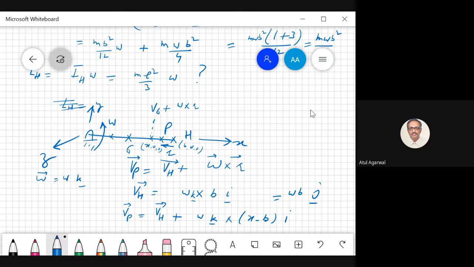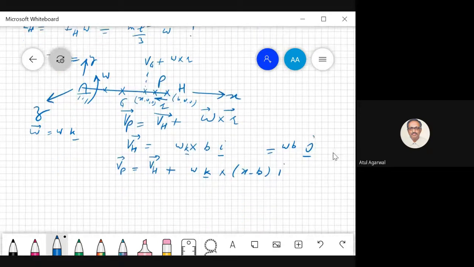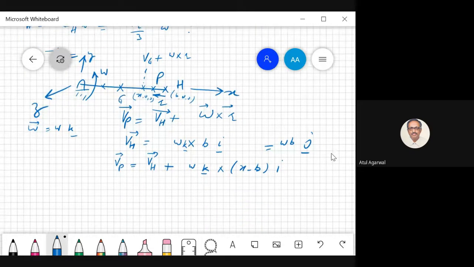Any problem? So this becomes velocity of P as velocity of H plus this. k cross i is again j. So that is what you would have expected anyway.